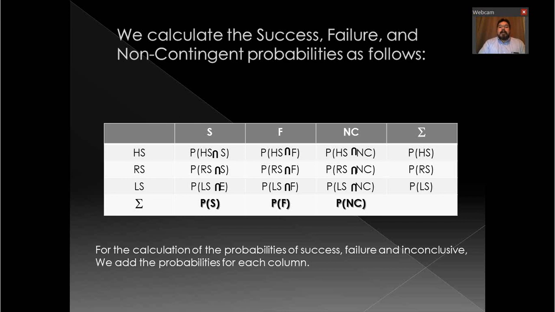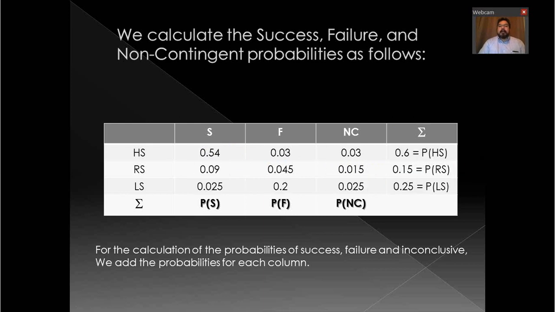We need to put the data in a chart just like this. In the rows we have the high sales, regular sales, and low sales. In the columns we are putting success, failure, and non-conclusive results. And in each cell we put the probability of every intersection, which is the information that we just calculated.